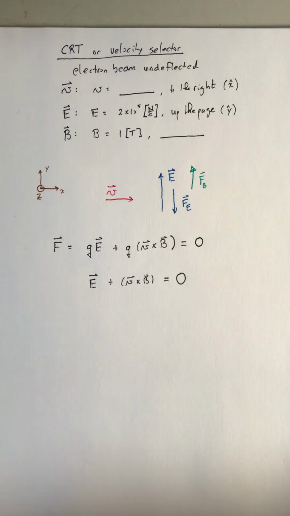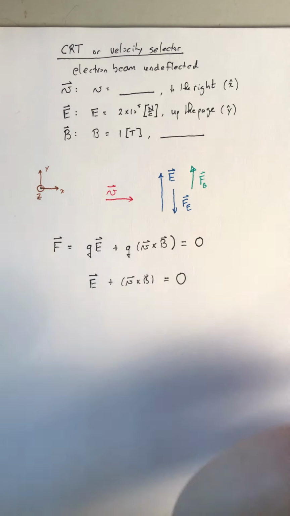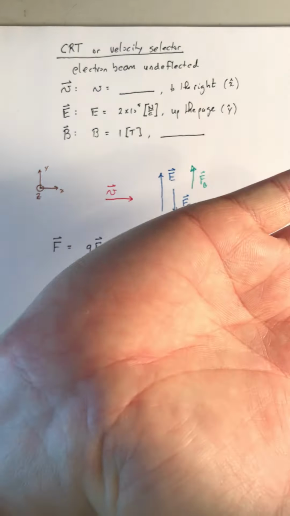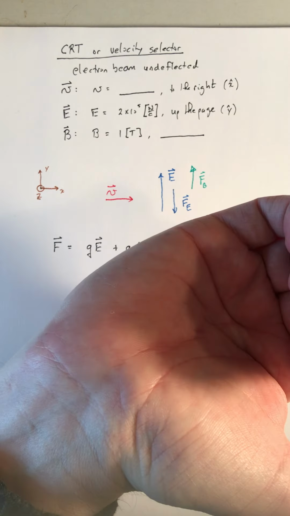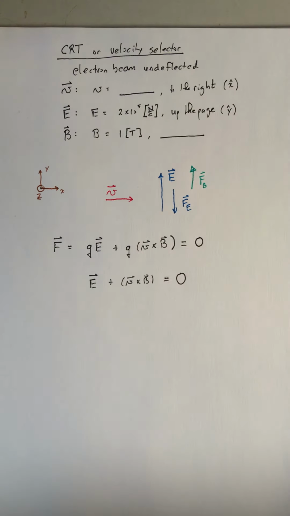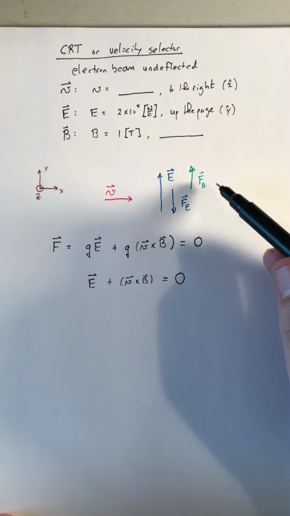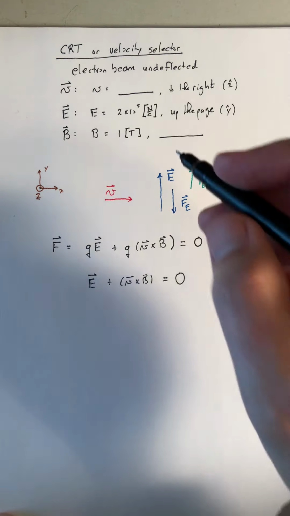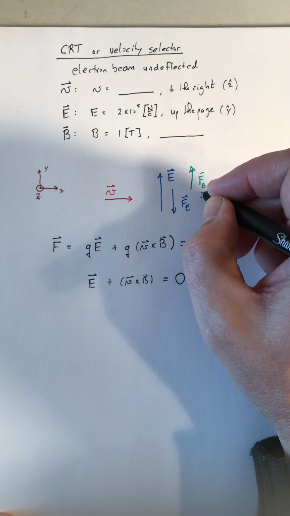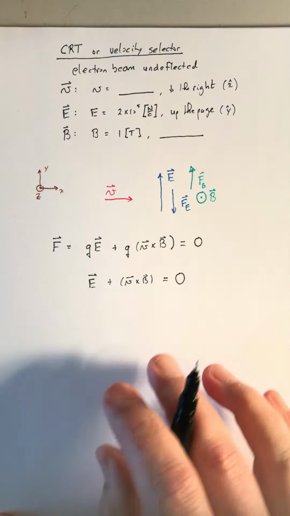Okay, so if we try that out, we'll see that V cross a magnetic field coming out of the plane of the page will give me V cross B that points down the page. And since it's a negative charge, that gives me a magnetic force that points up the page. So the direction of the magnetic field has got to be coming out of the page.